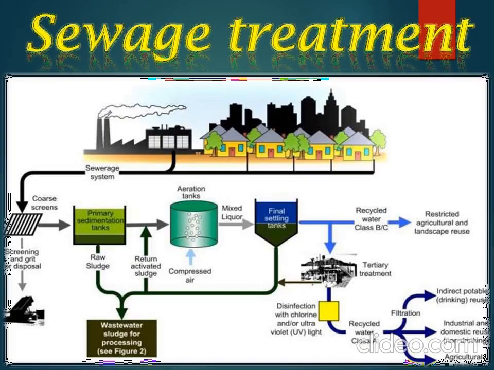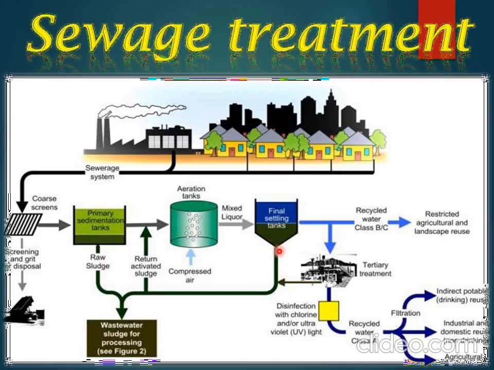This is sewage waste, and sewage treatment we can do. This is the sewage system. This is the screener, primary sedimentation tank. Then these are the raw sludge. Then it returns back. Then aeration tanks. Then mixed liquor.